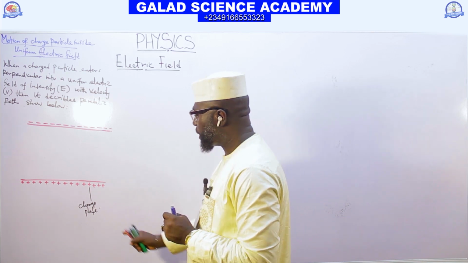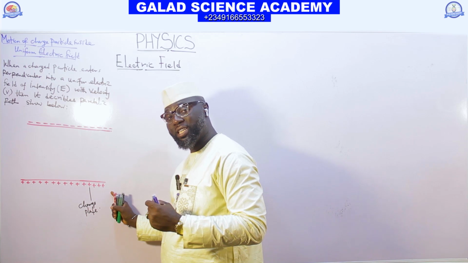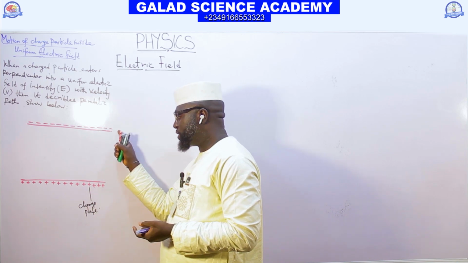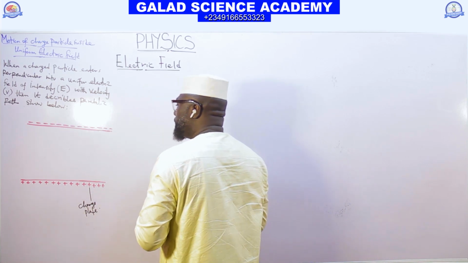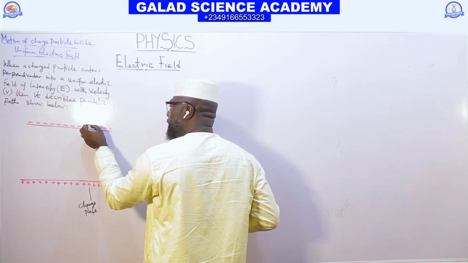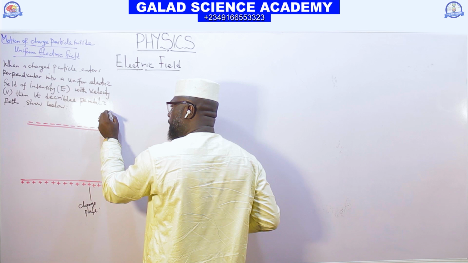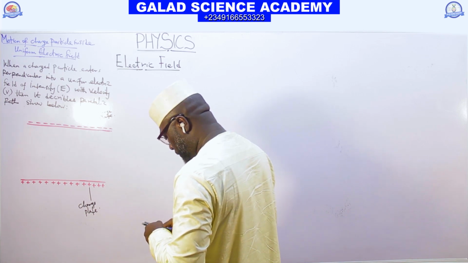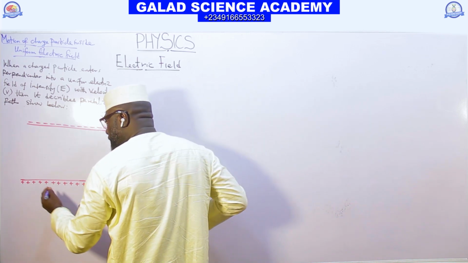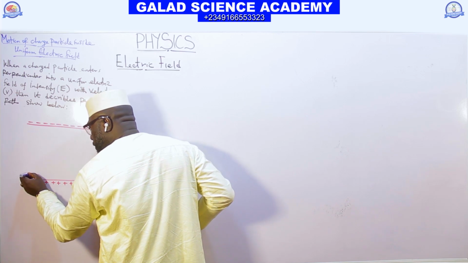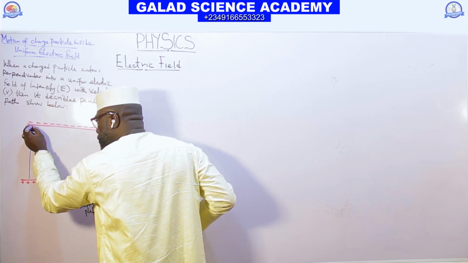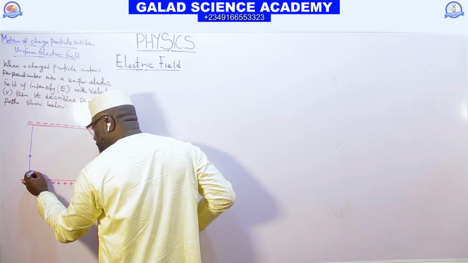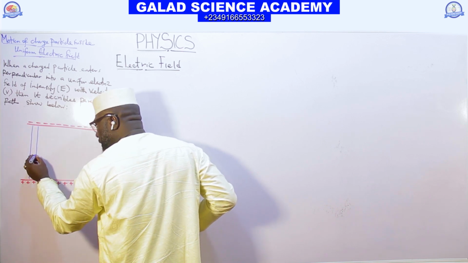Do you know that the positive charge serves as the source of electric field, and the negative charge is the sink of the field? So assume that the field is coming out from positive to negative. So this is the field line.